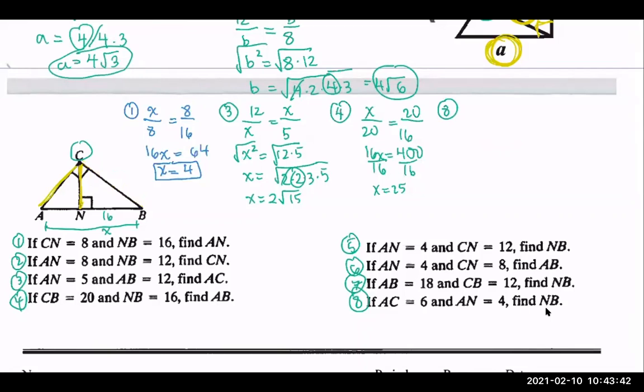Okay, let me erase mine. Okay, so for 8, AC is 6. You've got AN is 4, and then find NB, X. Okay, this one's harder.